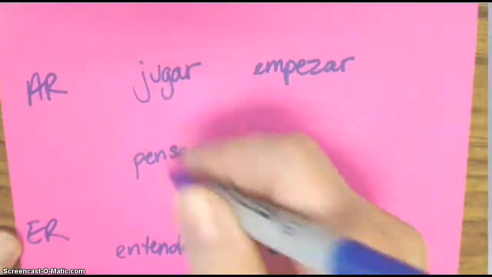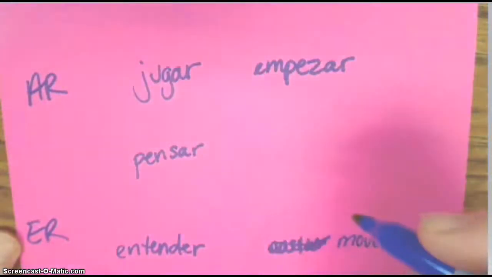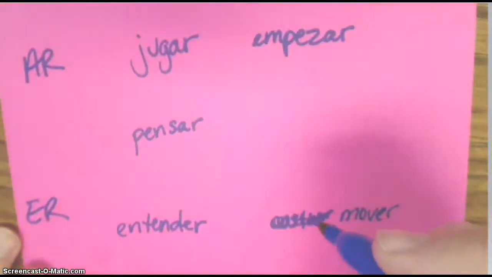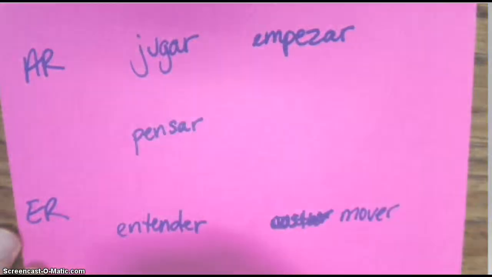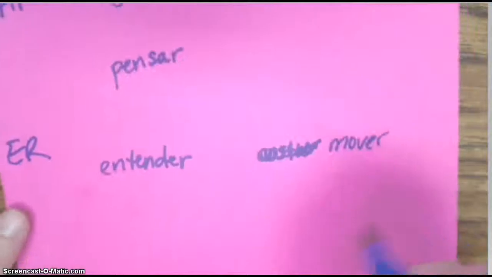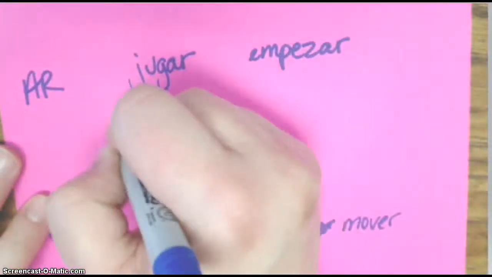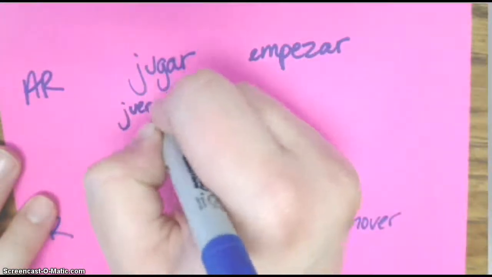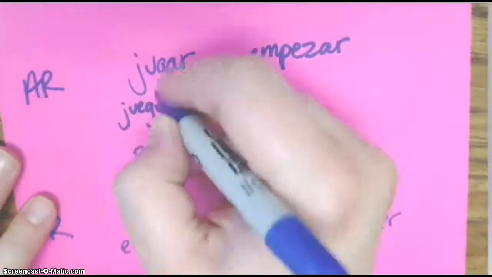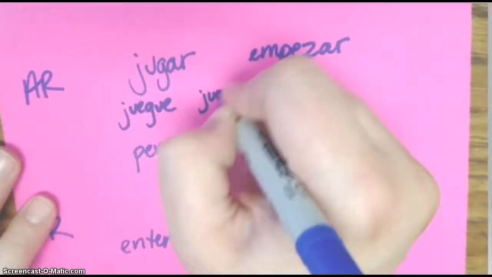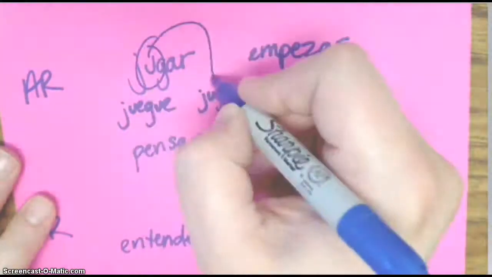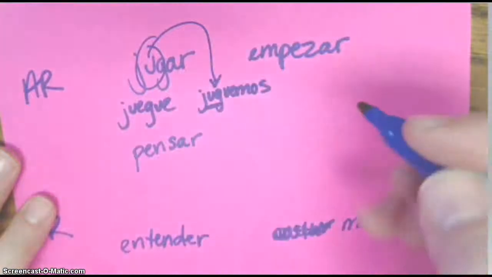The stem is not going to change in the nosotros form, but in the IR, the stem changes in the nosotros form, in some crazy weird way. So let's do this first. I'm going to have juegue, juegues, juegue, and then it's going to be juguemos. Okay, so it's pretty predictable. The stem is not going to change in the nosotros form only, okay?